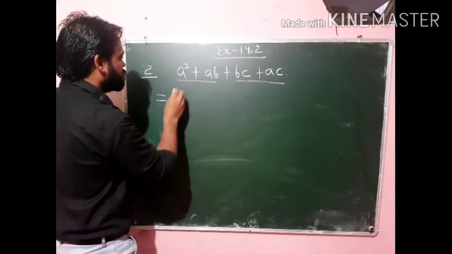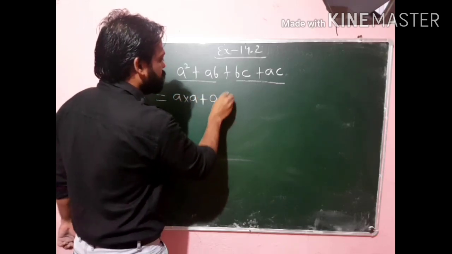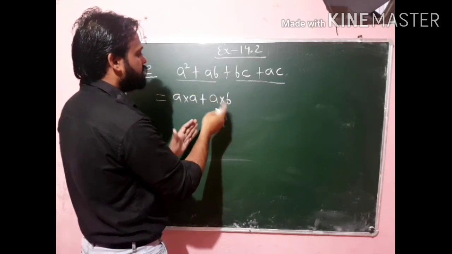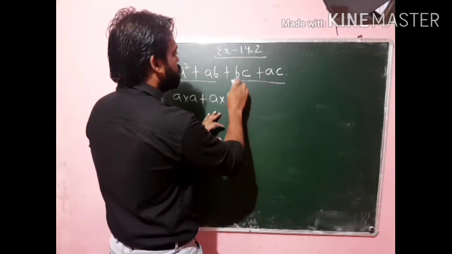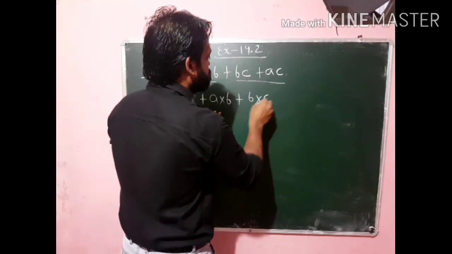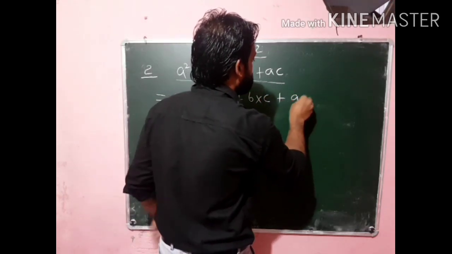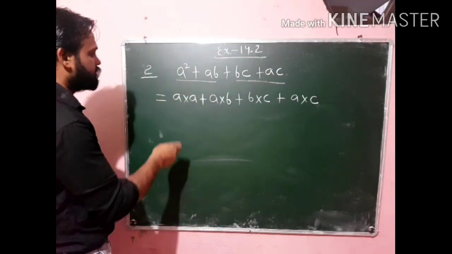So write down a raised to power 2, means a multiplied by a, plus a multiplied by b, because we can make the factors of ab by separating a and b with a multiplication sign between them. And also we can write bc as b multiplied by c, and ac as a multiplied by c. So I hope this is clear to you.